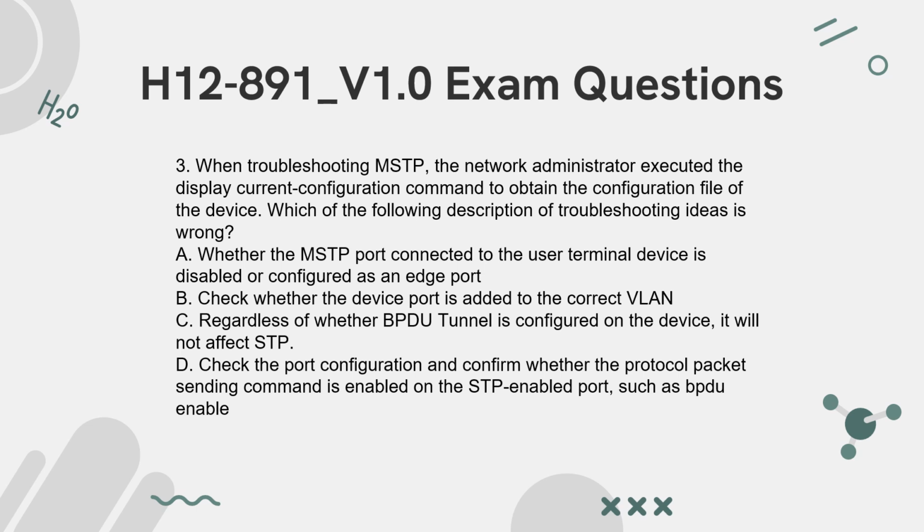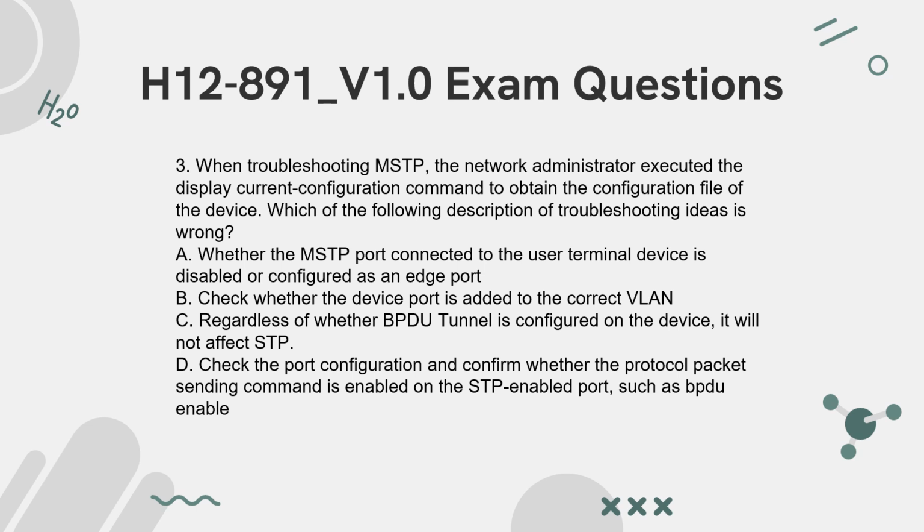When troubleshooting MSTP, the network administrator executed the display current-configuration command to obtain the configuration file of the device. Which of the following descriptions of troubleshooting ideas is wrong? A. Whether the MSTP port connected to the user terminal device is disabled or configured as an edge port. B. Check whether the device port is added to the correct VLAN.